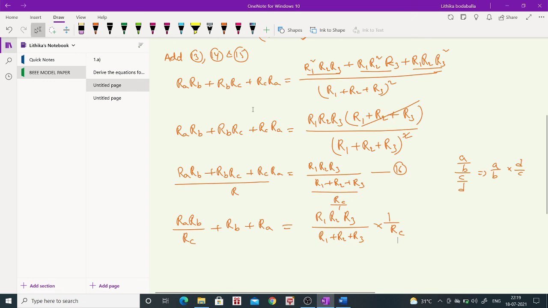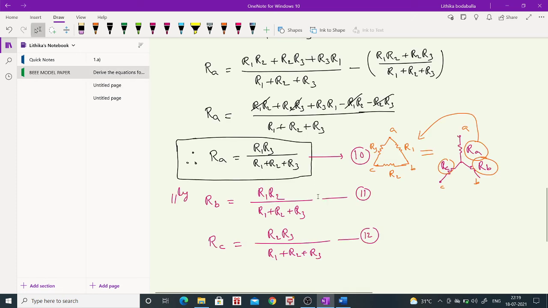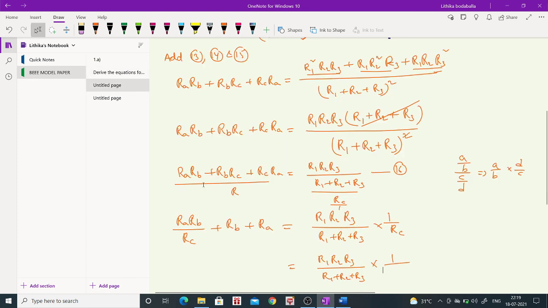So R1 R2 R3 divided by R1 plus R2 plus R3 into 1 by, in place of RC, R2 R3 by R1 plus R2 plus R3.